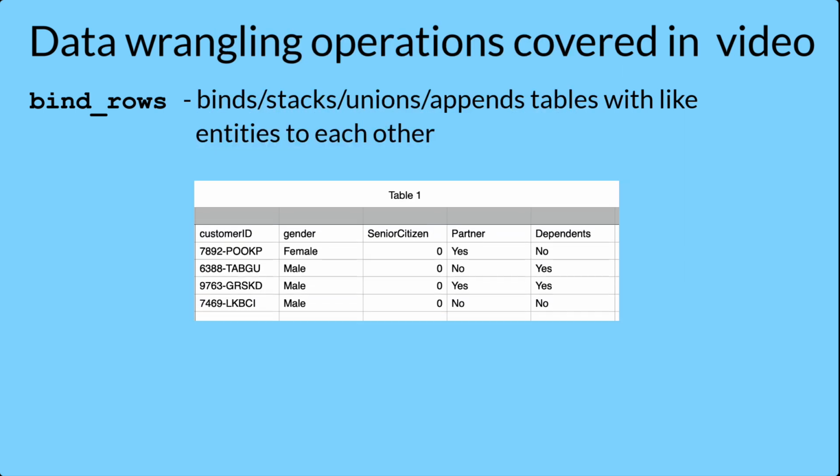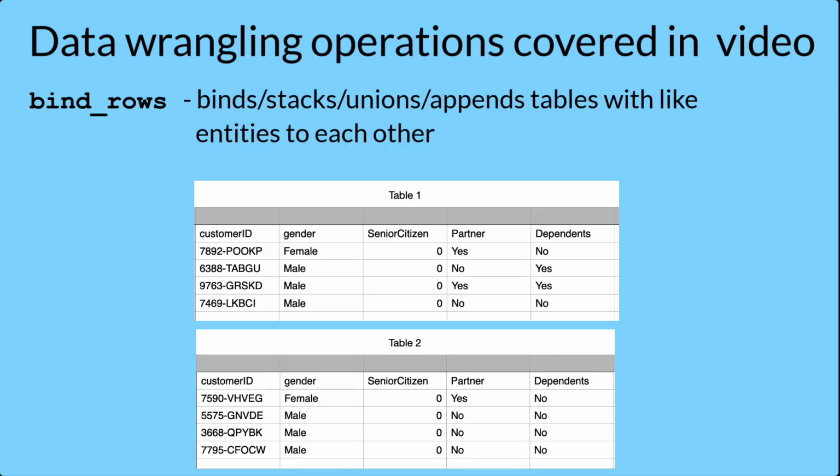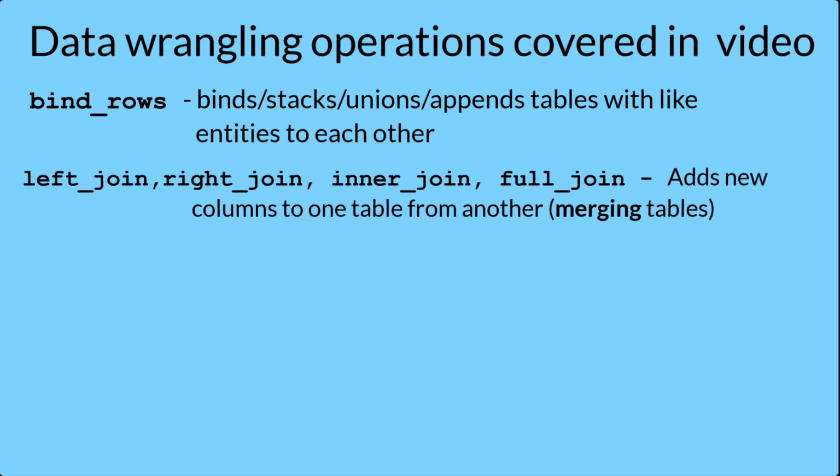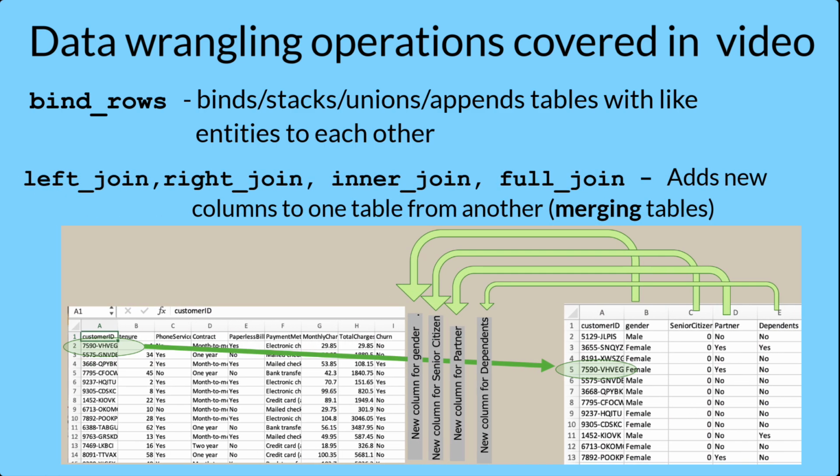And this happens when the two data sources look basically the same and we just need to append the rows of one table to another. And really more importantly, merging, also referred to as joining. This happens when you need to essentially put information from one data set into another, like putting in the customer's gender and streaming status into the table that let us know if the customer churned or not.